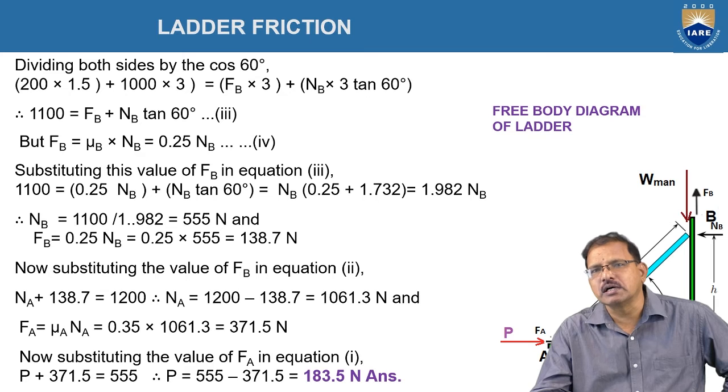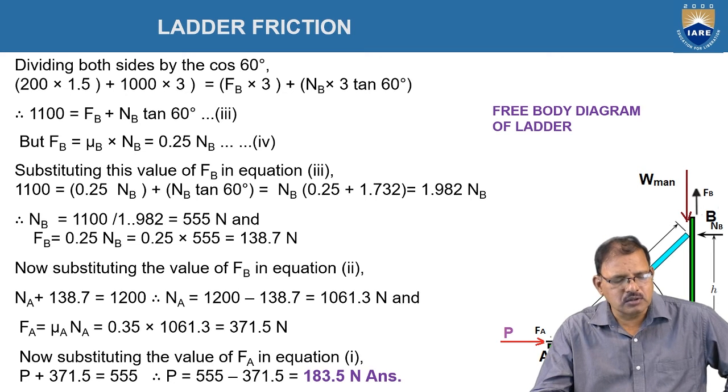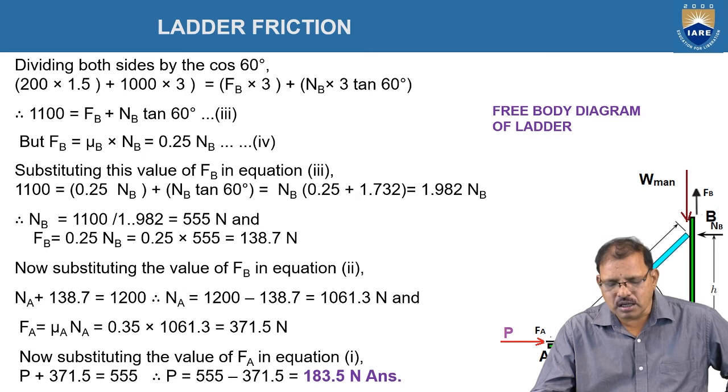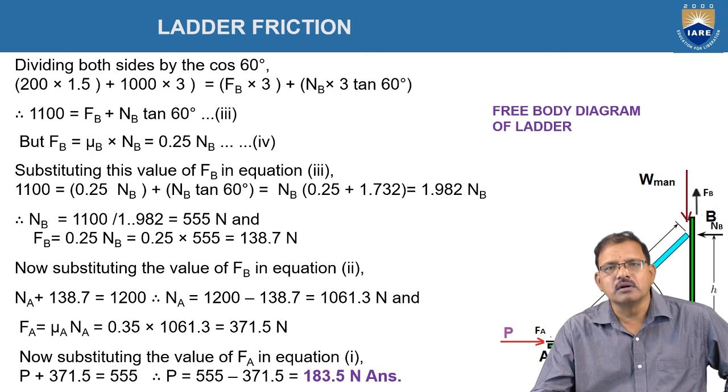Dividing both sides by cos 60, we got 200 into 1.5 plus 1000 into 3, which should be equal to FB into 3 plus NB into 3 tan 60 degrees. From this equation, we got 1100 is equal to FB plus NB tan 60. But FB is equal to mu into NB, where mu is given 0.25.